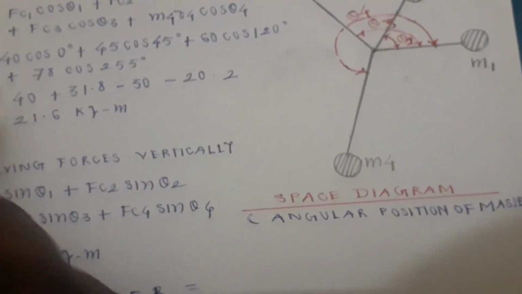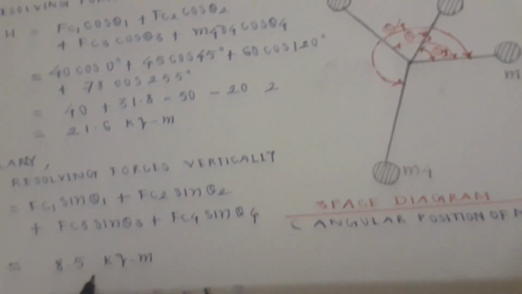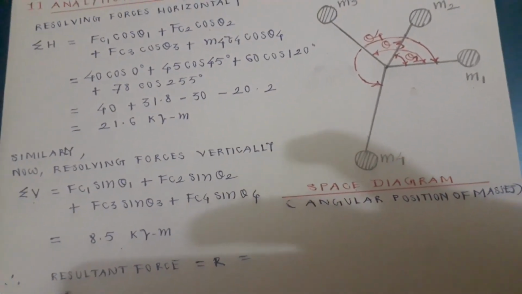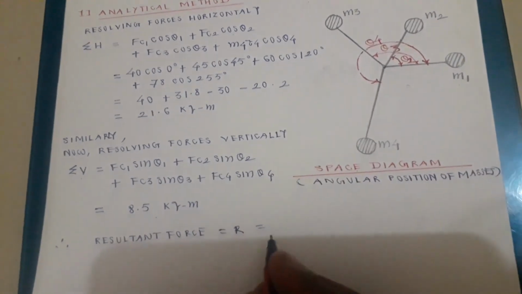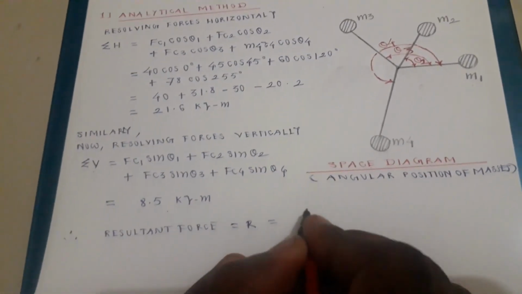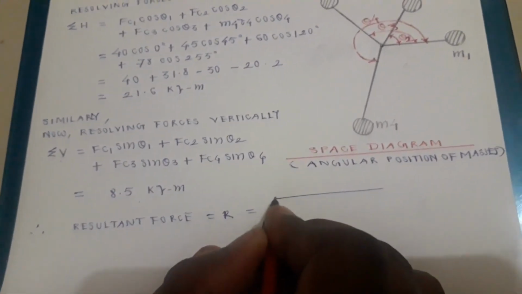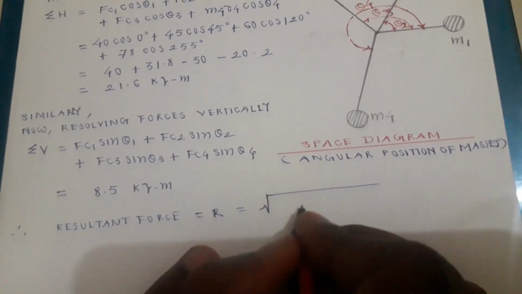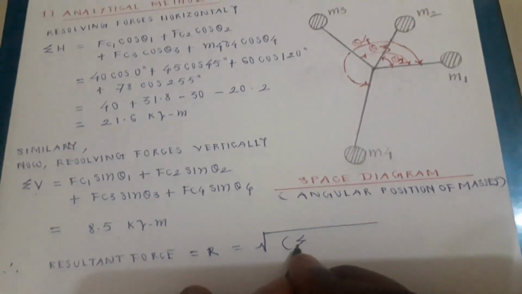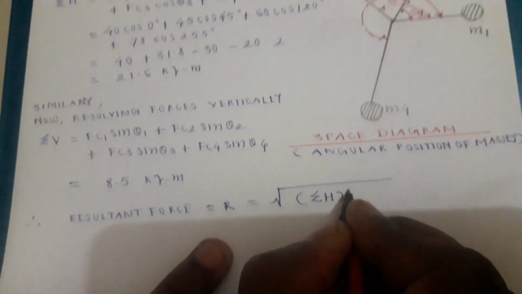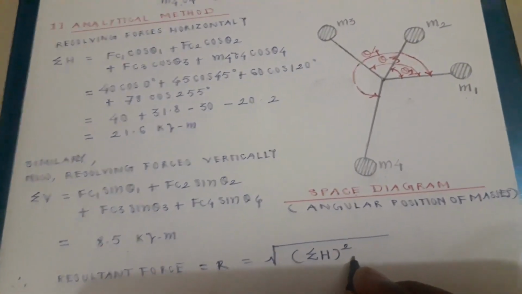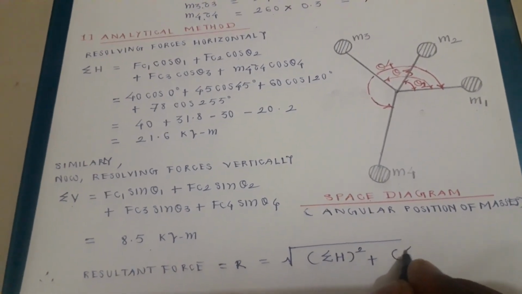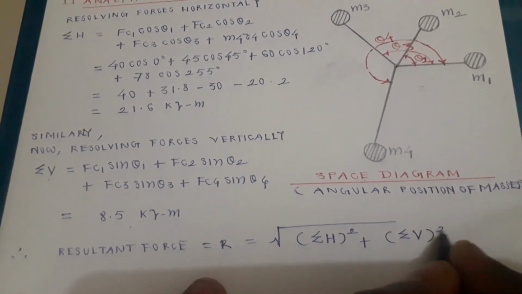From the summation of horizontal forces and the summation of vertical forces, we can calculate the resultant force. So the resultant force capital R is equal to square root of summation of horizontal forces square plus summation of vertical forces square.